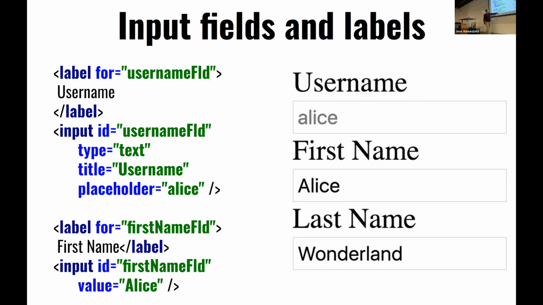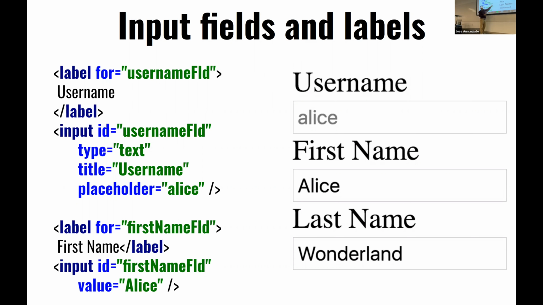Input fields allow us to type any piece of content, like a last name or first name or whatnot. These input fields have several attributes that allow you to configure their behavior. For instance, it has the placeholder Alice.